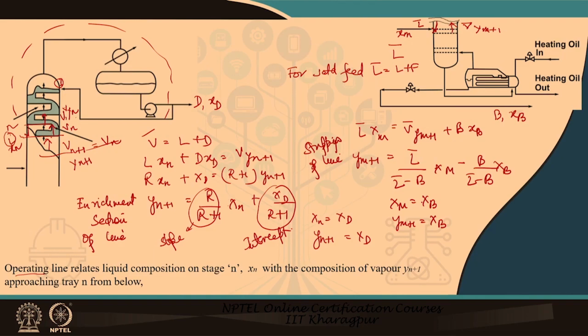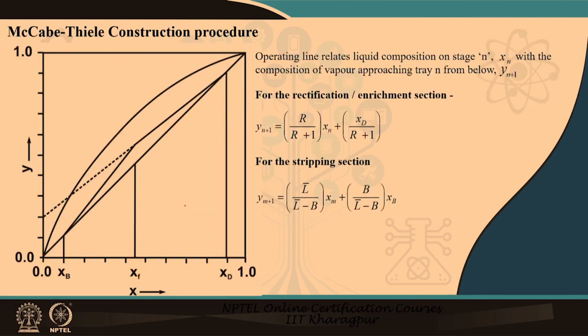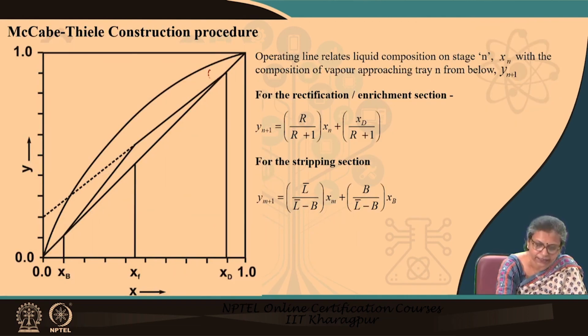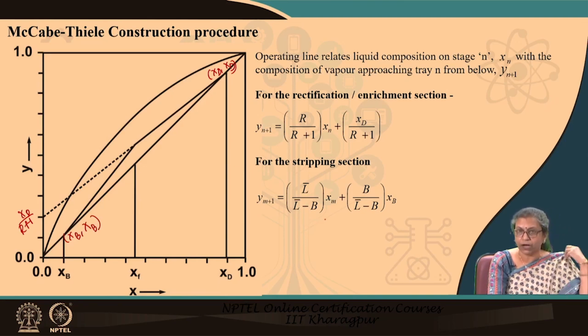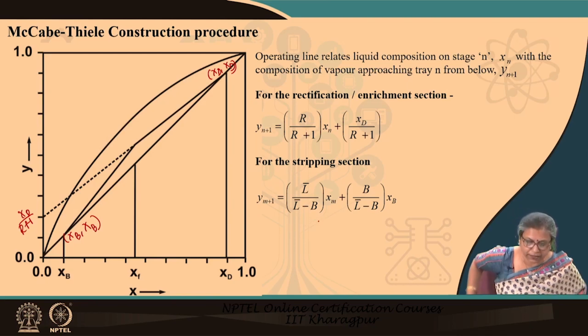So, we have generated the enrichment section operating line, and we find that it originates from this particular point, and the intercept under this condition is x_D by (R plus 1). The stripping section operating line, we know it originates from x_B, but we do not know about the slope or any other point.